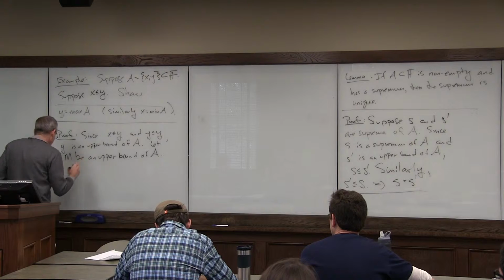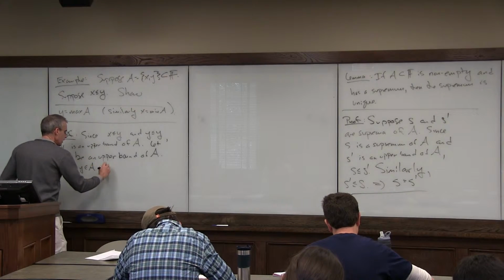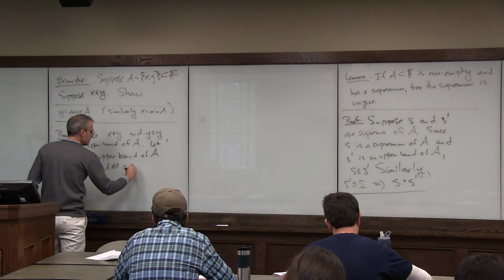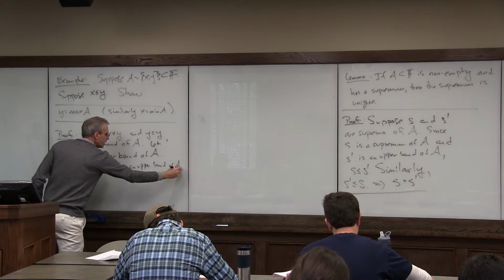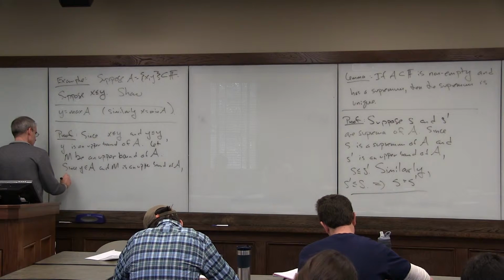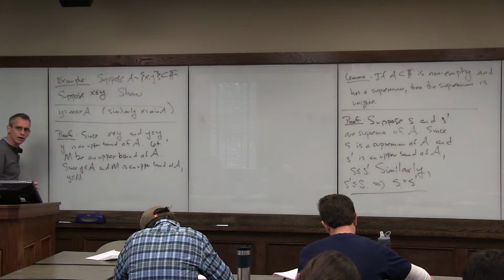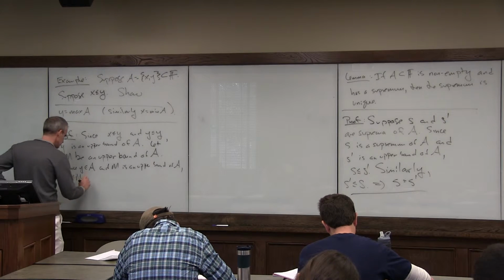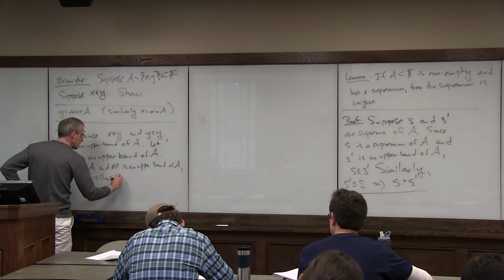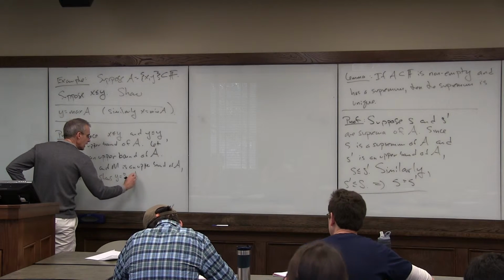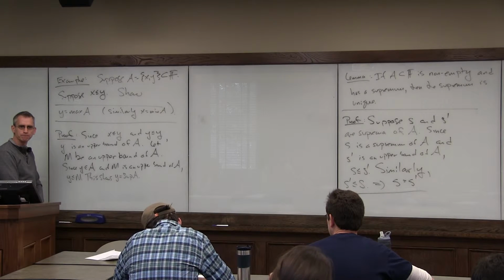Since y is an element of A and M is an upper bound of A, y is less than or equal to M. So this shows y equals sup of A, right?